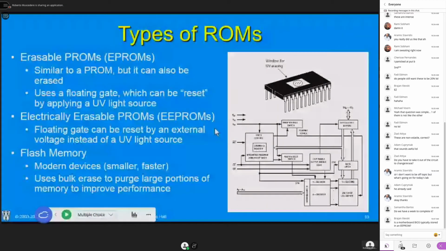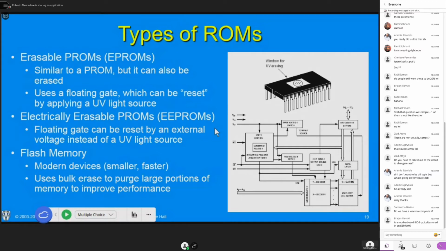If you guys have ever heard of that term, I'm not even sure what CMOS means historically. Historically on motherboards, this was some setting that you could change, like some kind of configuration aspect about it. Whereas the BIOS is usually stored in a flash memory device, which I'll get to very shortly.